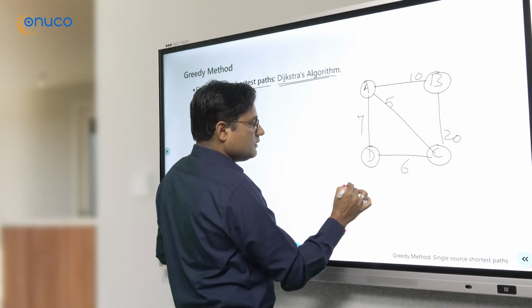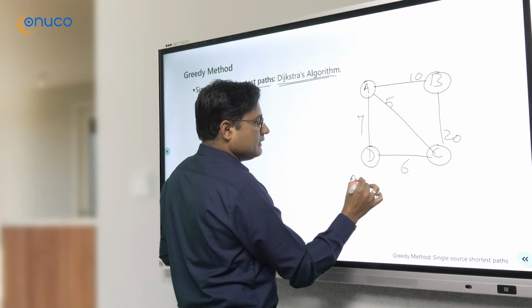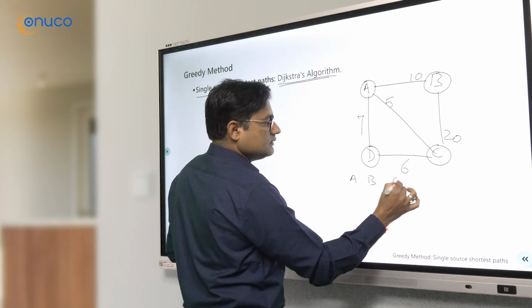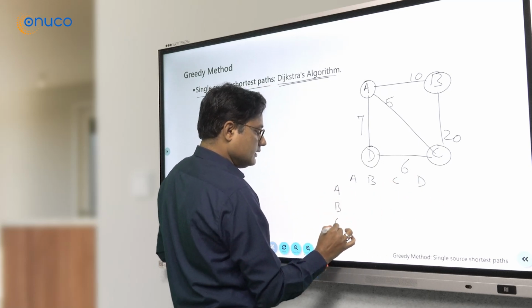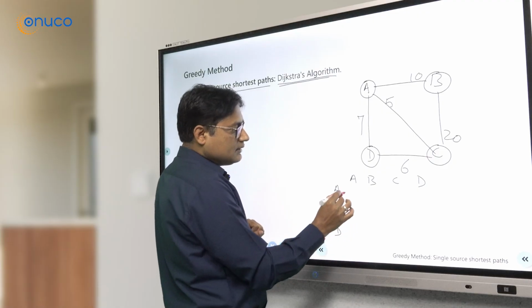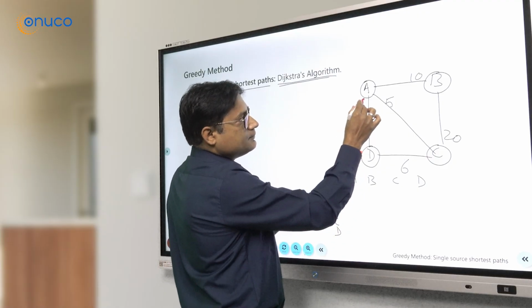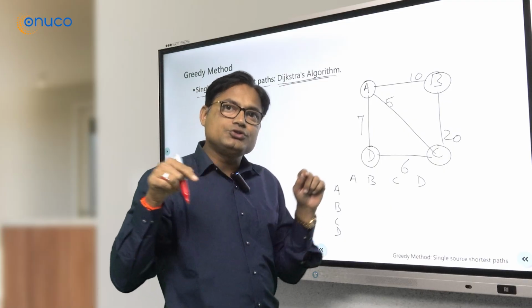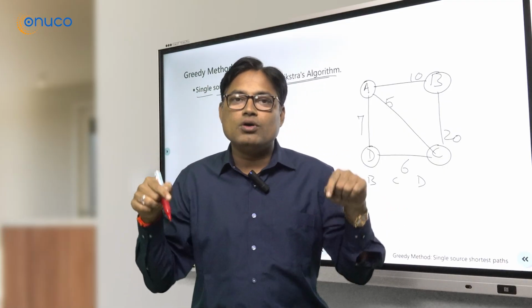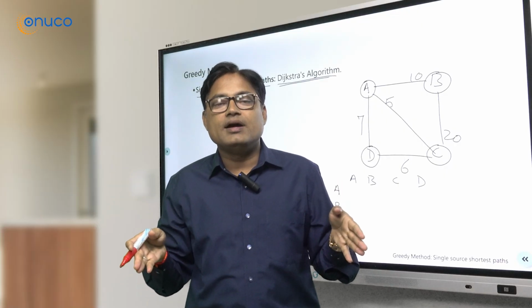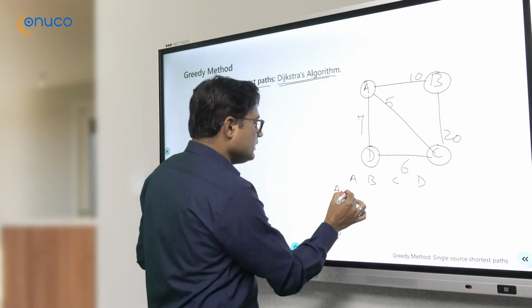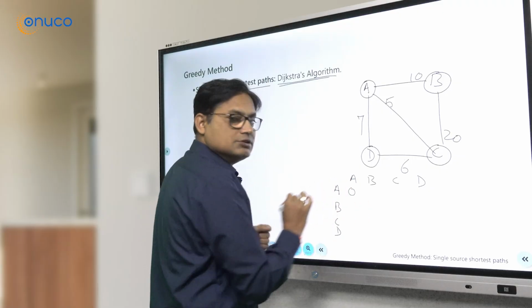So how many different vertices do we have? We have A, B, C, D, both along rows and columns. Here A to A, source to source, is like sitting at home and asking the distance from my home to home: it remains 0. So the diagonal A to A is 0.